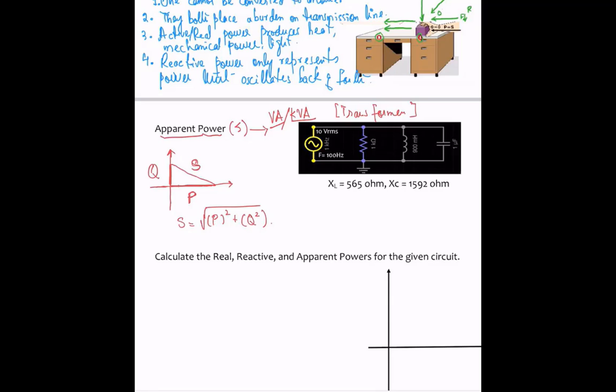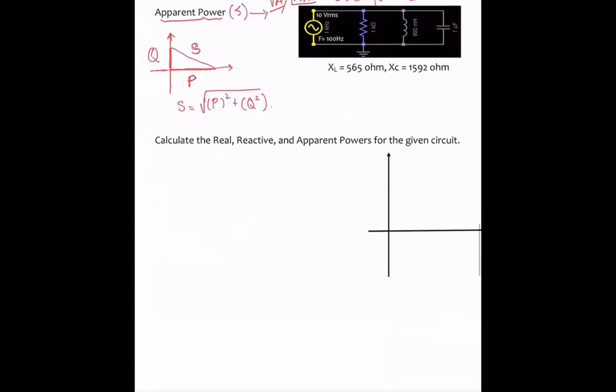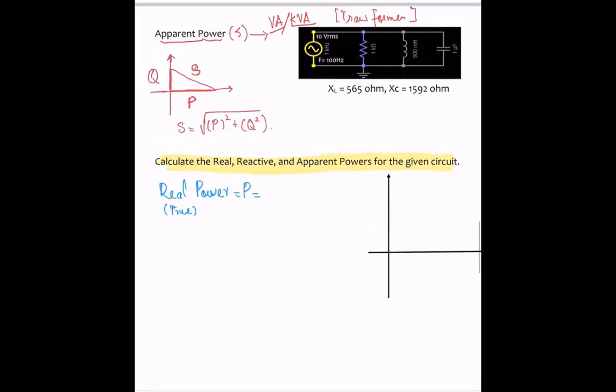Now let's do one example problem real quick. We have to calculate the real, reactive, and apparent powers for the given circuit. We start with the real power, also referred to as true power, equal to P. This is the power that is actually due to the resistive load in the circuit.